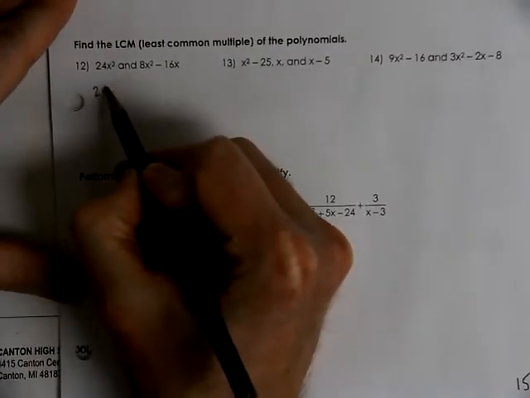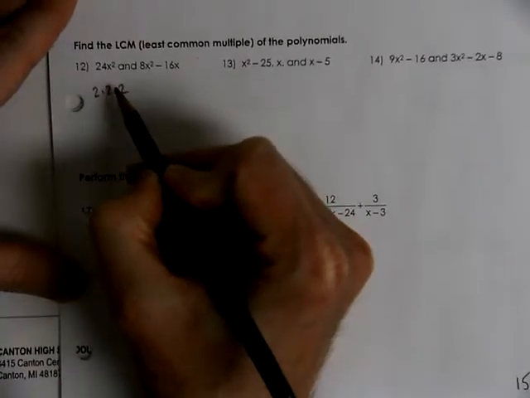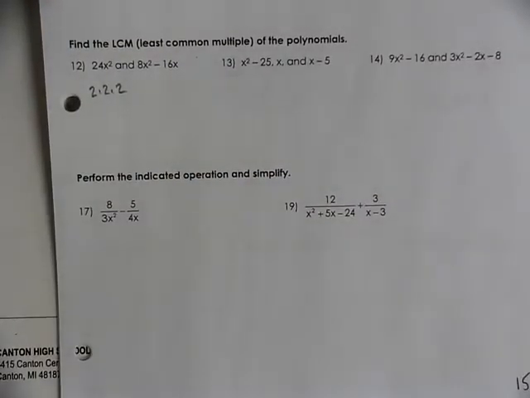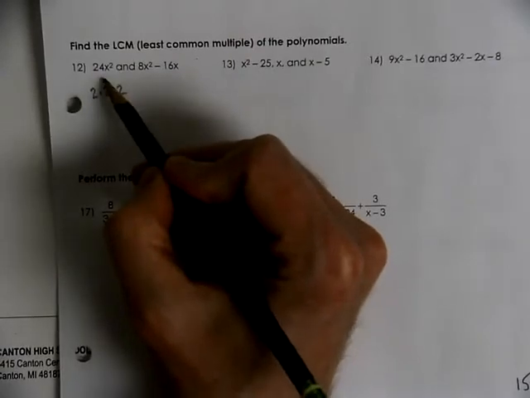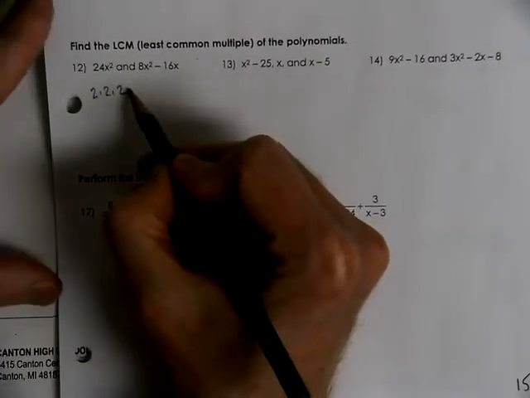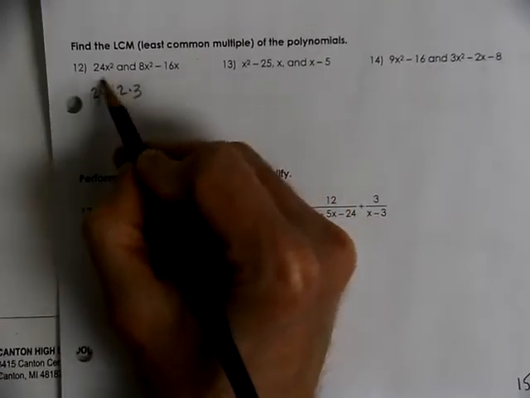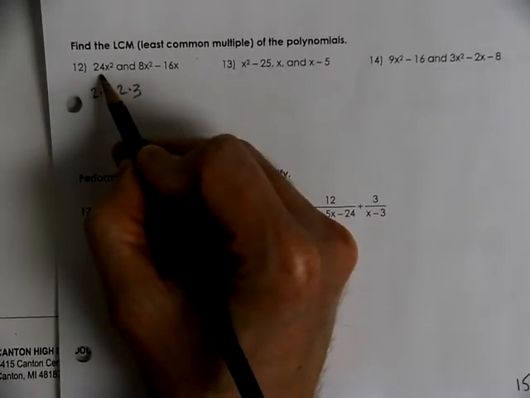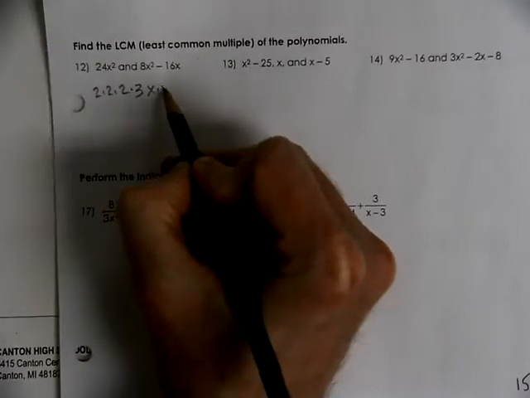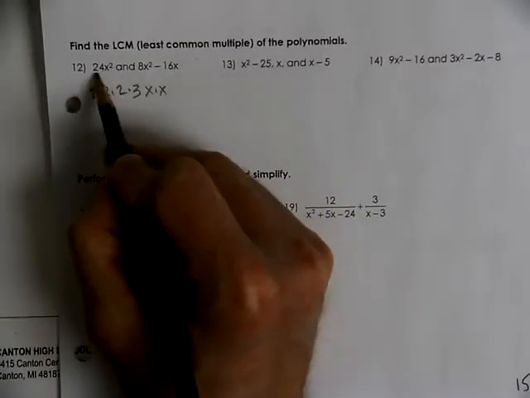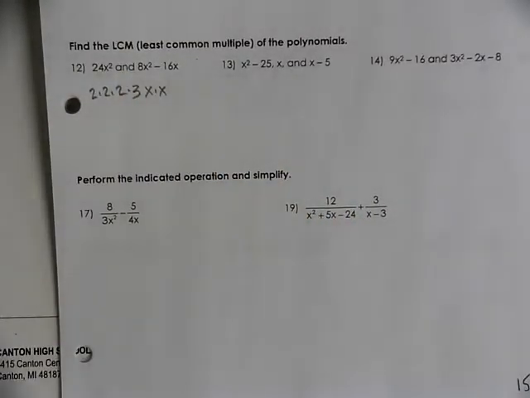So 2 times 2 times 2, that makes 8. Maybe I went overkill and I broke it all the way down like that. But I did. 2 times 2 times 2 is 8. 8 times 3 gives me my 24. Right? And I have my x times x. So those are all my factors of 24x squared.